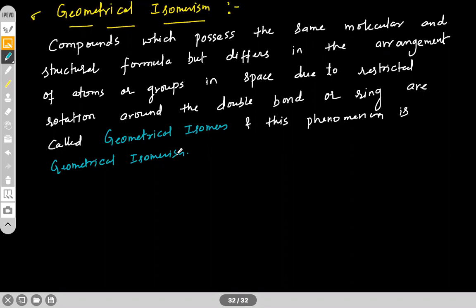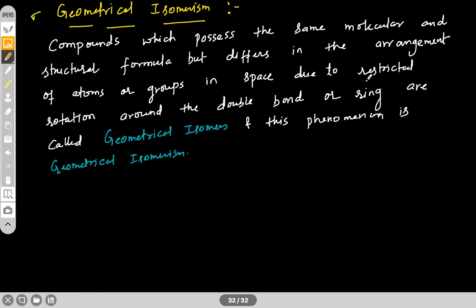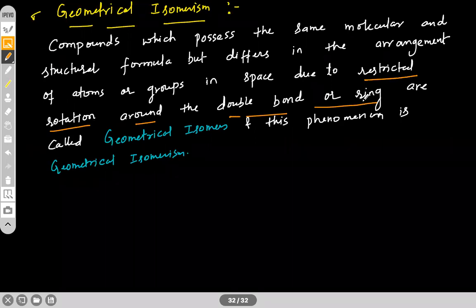What I said here, you see, is the restricted rotation across the double bond or ring. This is important. So first of all, what do we understand by restricted rotation around the double bond and ring? Let's try to understand this.